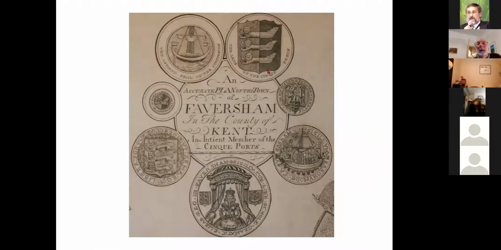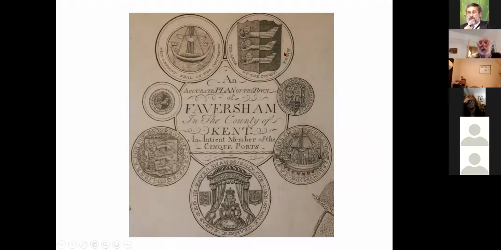We start here with the seals, if I can remember these correctly. This is the oldest town or corporation seal. I think the date is 1425. It's only on one document that's extant now.